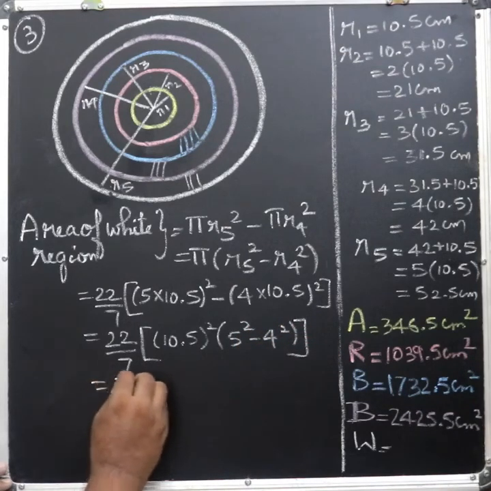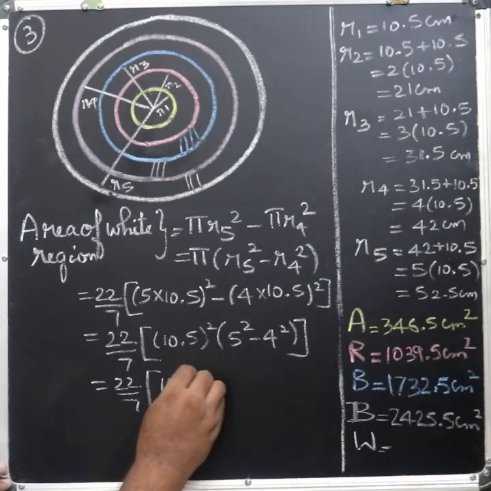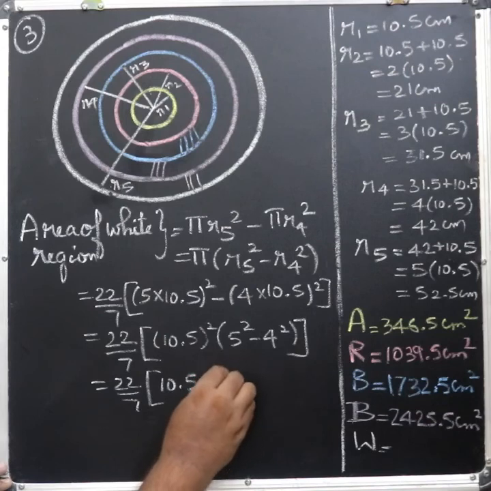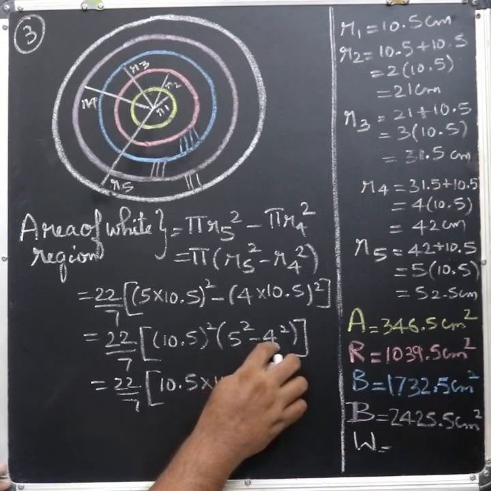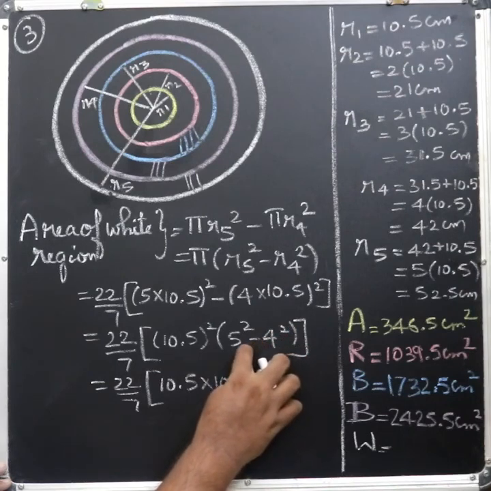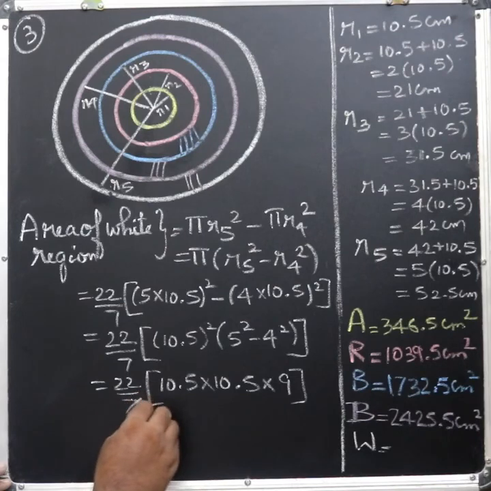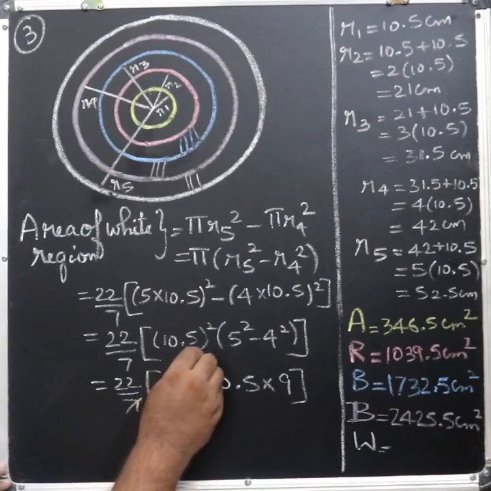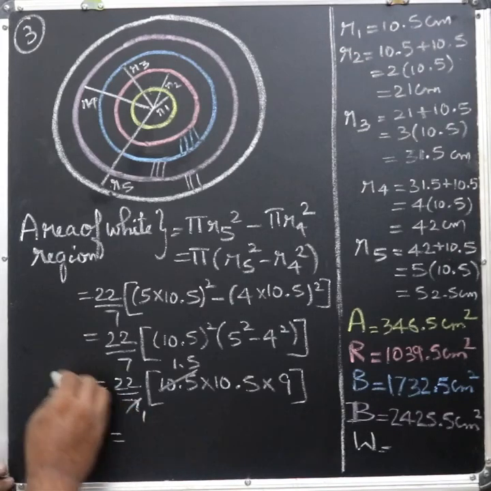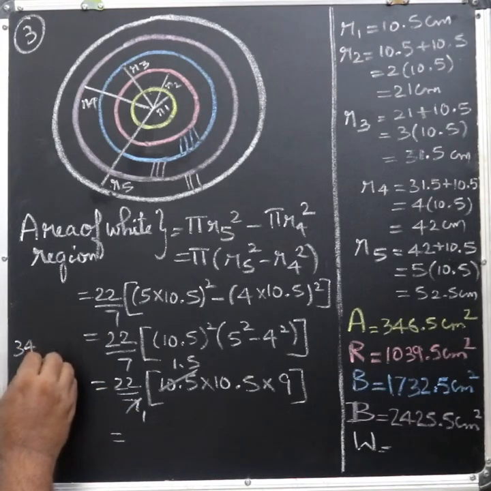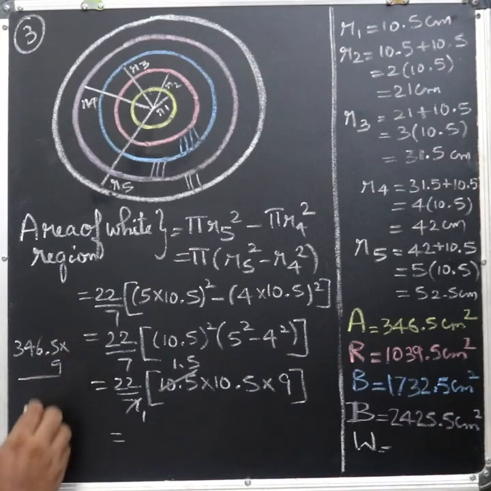Now this can be written as 10.5 into 10.5 into 5 squared is 25, 4 squared is 16, 25 minus 16 is 9. Now when you cancel, it is 1.5 times. 22 into 1.5 into 10.5 is 346.5. When you multiply by 9, you are going to get the answer.